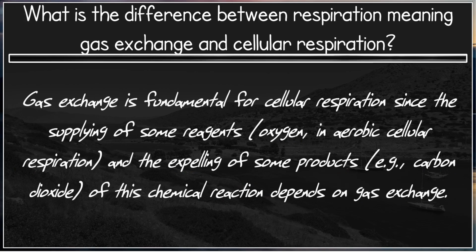Gaseous exchange is fundamental for cellular respiration, since the supplying of some reagents like oxygen in aerobic cellular respiration and the expelling of some products like carbon dioxide of this chemical reaction depend on gas exchange.